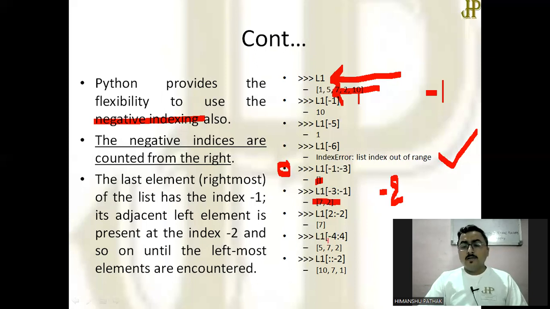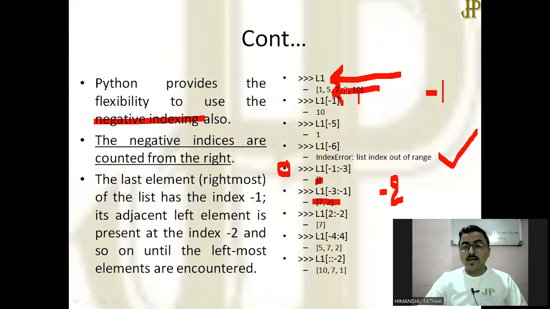Now L1 from -4 up to 4. It starts at -4 and goes up to 4. So what will it print? The -4th position is, counting -1, -2, -3, -4, the value 5. Start with 5, go up to the 4th position, meaning 4 minus 1, that is the 3rd position.